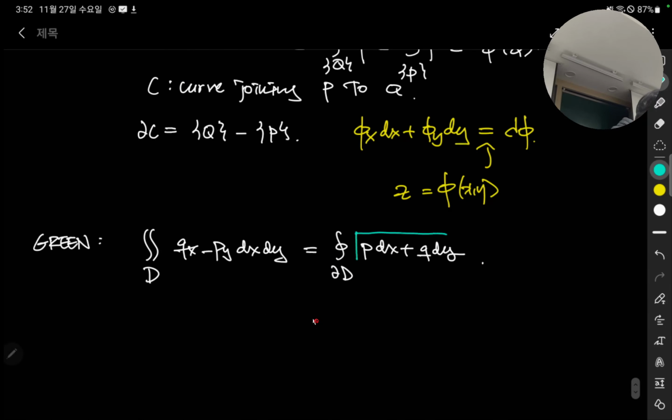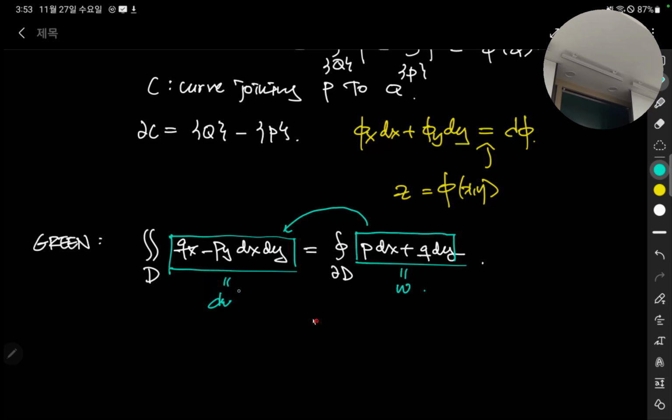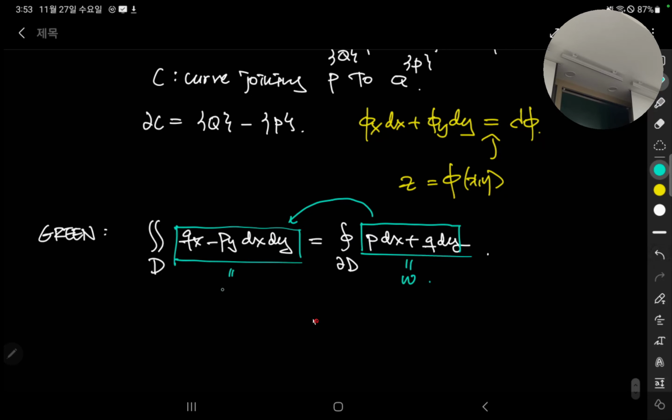You want to assume that this something on the right, that is the integrand over the line integral, is differentiated to make the integrand on the left. So this is d omega here. So I'm going to introduce some notation that's called the form, but you don't need to remember the name here. It's the idea that you have to remember.